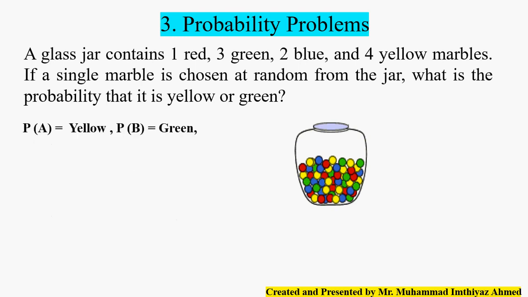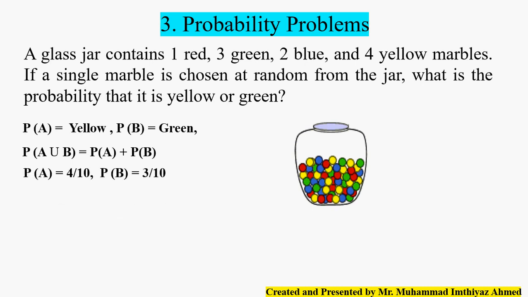Probability A I am assigning for yellow, probability B for green. So that is the question. If the question says yellow or green, we need to use a formula probability of A union B, that is probability A plus probability B. So this is the indication we need to use this formula.